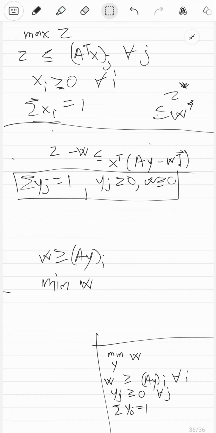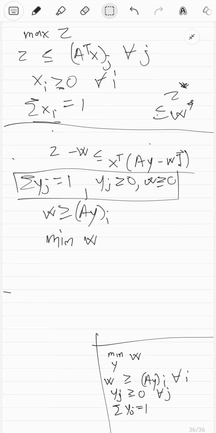So if you solve this problem, minimize w, we remove all of this obviously, under these constraints, that summation of y_j is equal to 1, y_j are all positive or equal to 0, and w is obviously positive, but that doesn't really matter because this stuff is greater than or equal to 0 in any case.